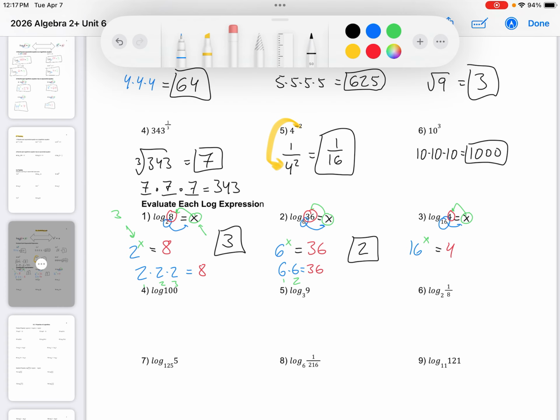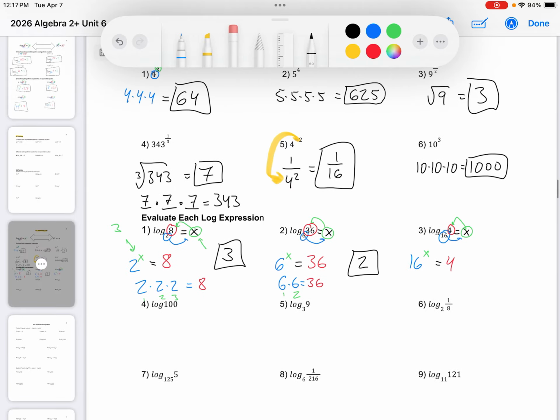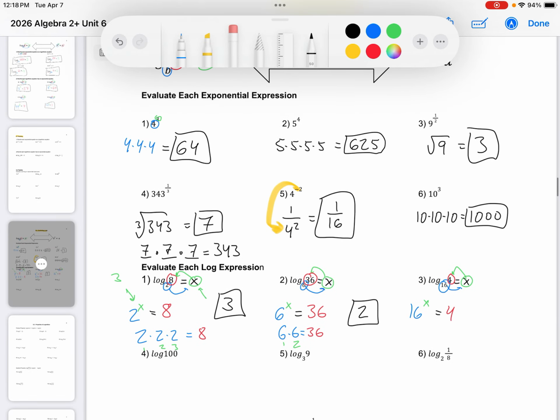We need to think about what kind of exponent would make our number get smaller. And we can look at some of our examples above to help us out. We have 2 examples up here where our number, our base, ended up getting smaller after we applied an exponent.